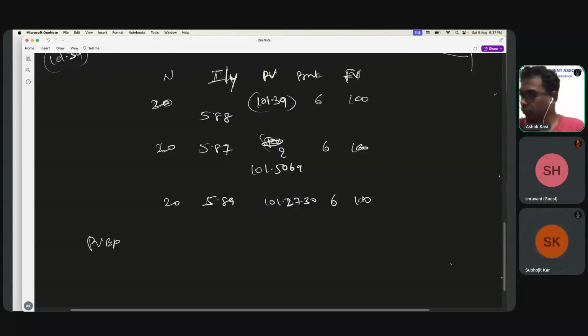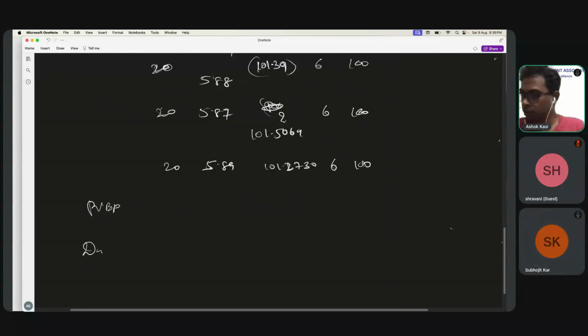Remember I said the formula for duration is V minus minus V plus divided by V0 into delta YTM, multiplied by 2 because twice we are focusing on change.